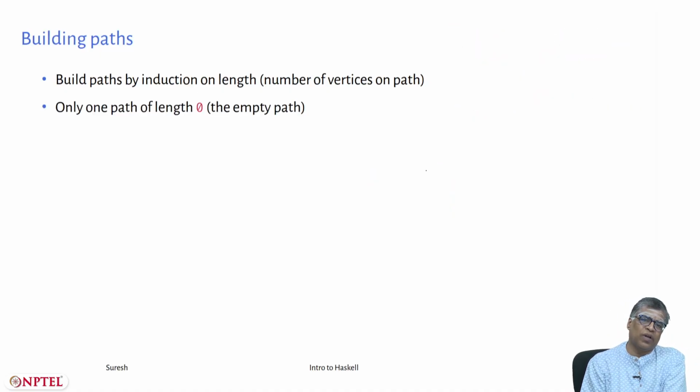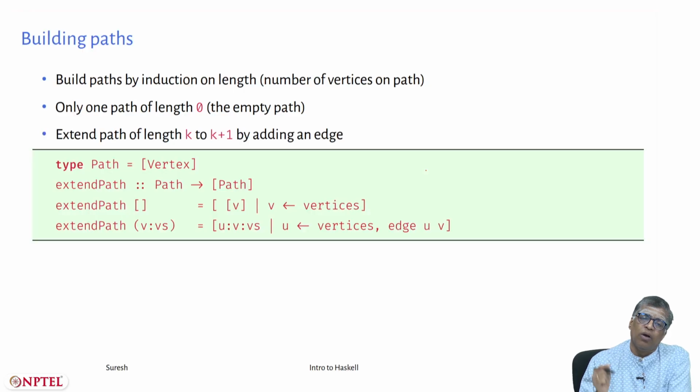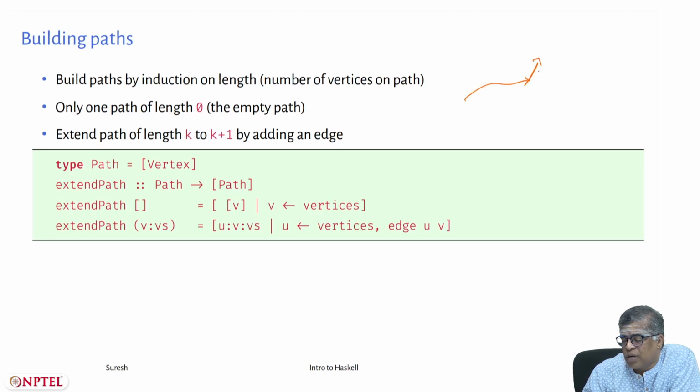So there is only one path of length 0, the empty path. You can extend a path of length k to length k plus 1 by adding an edge. So if you extend a path, you will get a list of paths, because as I told, you could go here and from here there might be multiple outgoing edges. Each of those constitutes an extension.